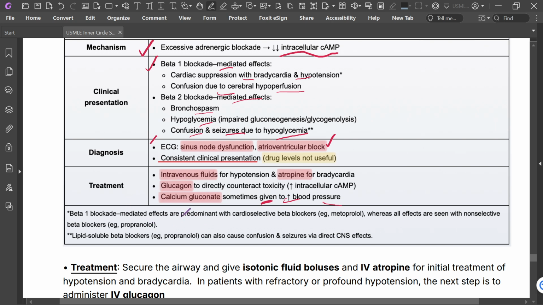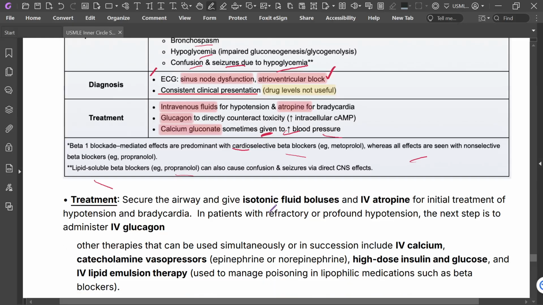Beta 1 blockade mediated effects are predominant with cardioselective beta blockers like metoprolol, whereas all effects are seen with nonselective beta blockers like propranolol. Lipid soluble beta blockers like propranolol can also cause confusion and seizures via direct CNS toxicity.